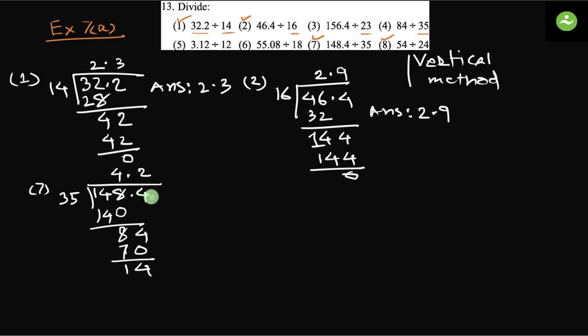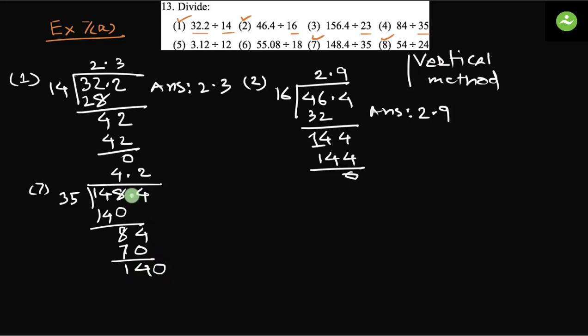After the decimal point, there is a remainder here, and it's a decimal fraction. When we are dividing a decimal fraction, we can always add a 0 or bring down a 0.